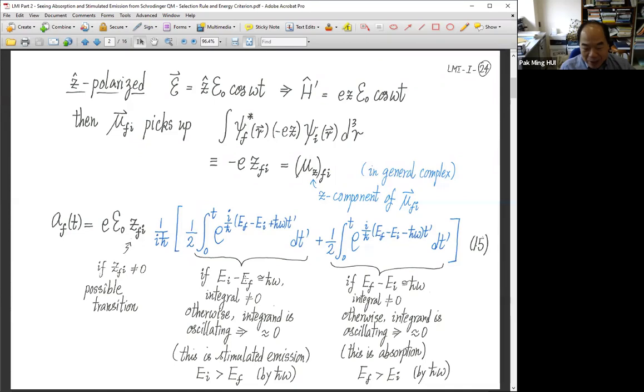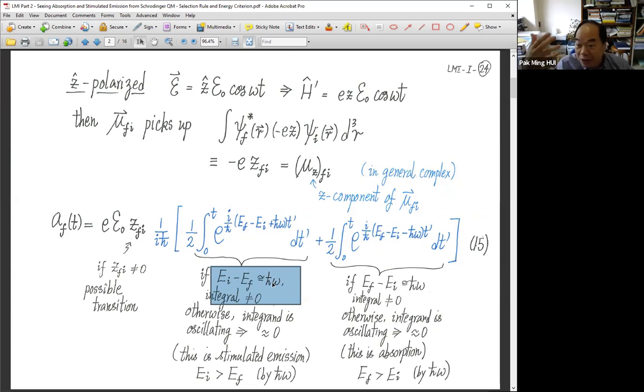So immediately you get a sense. If that thing up in the exponential, the bracket, turns out to be 0, that is to say, the initial state energy minus the final state energy is positive, h bar omega.